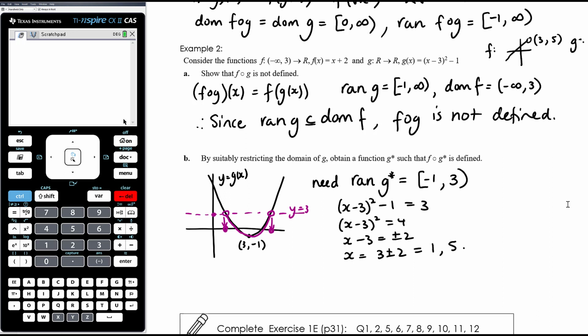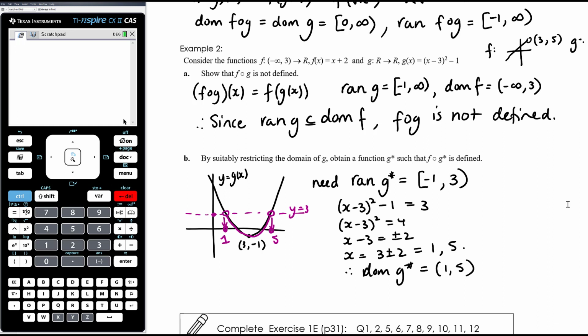So we need to restrict g of x so that it just goes from 1 to 5, not inclusive, which would mean that its range is from -1 to 3, not inclusive. Therefore the domain of g star is going to be from 1 up to 5.